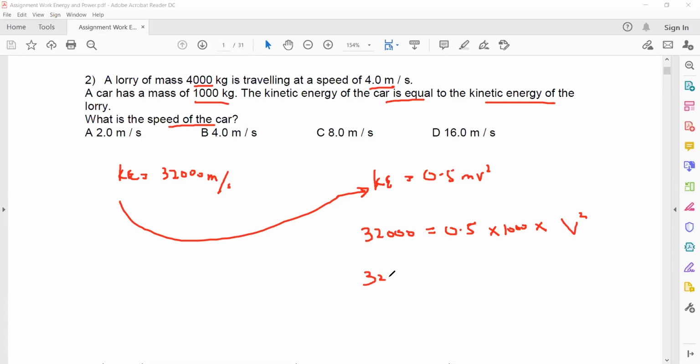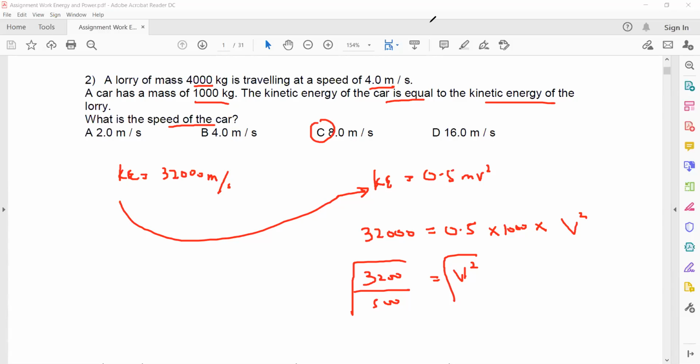So 32,000 divided by 500 is V square, but we need V. So the square root of 32,000 by 500. What's the answer? It's 8. So C is the right answer.